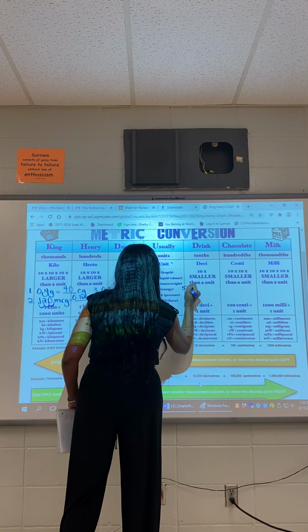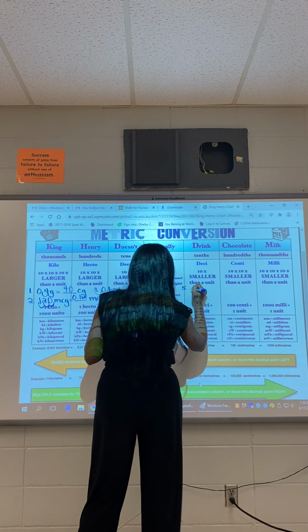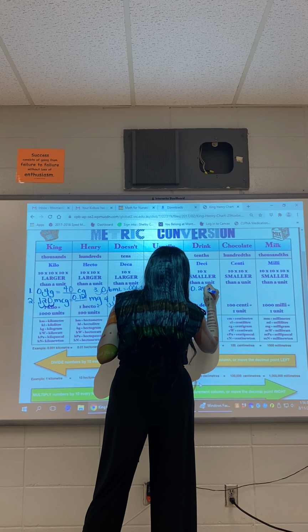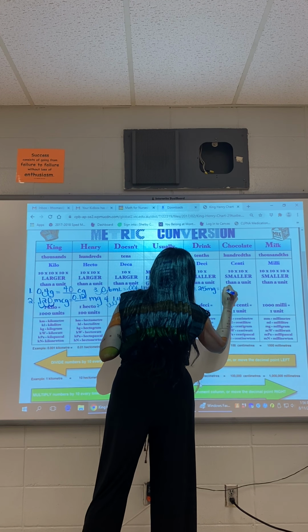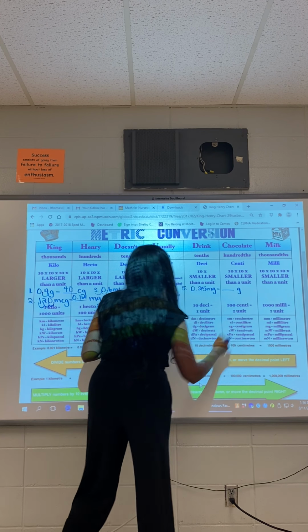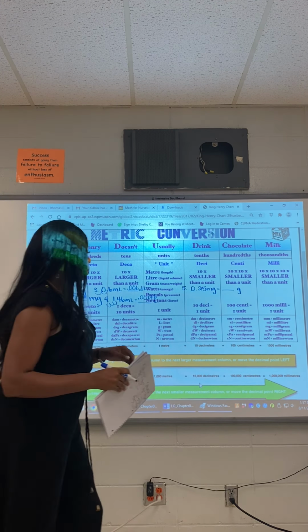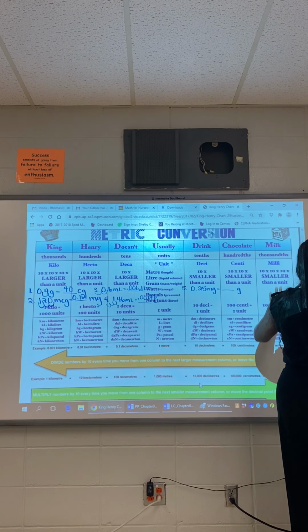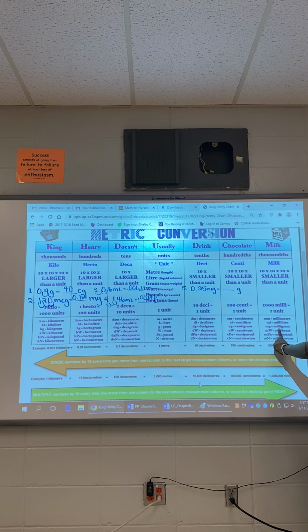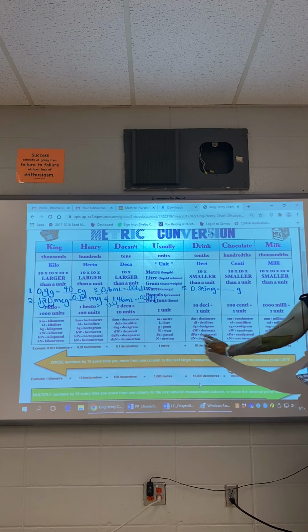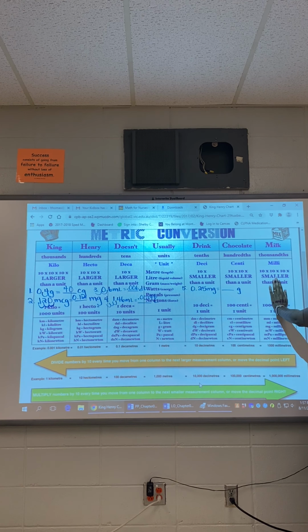Let's try another one. For number 5, 0.25 milligrams equals how many grams? Let's find milligrams. Milligrams is over here, and we're going to grams, which is right here. So I'm in this column.